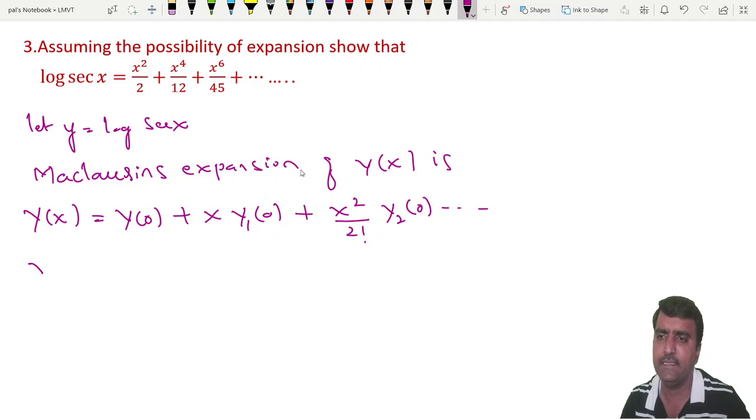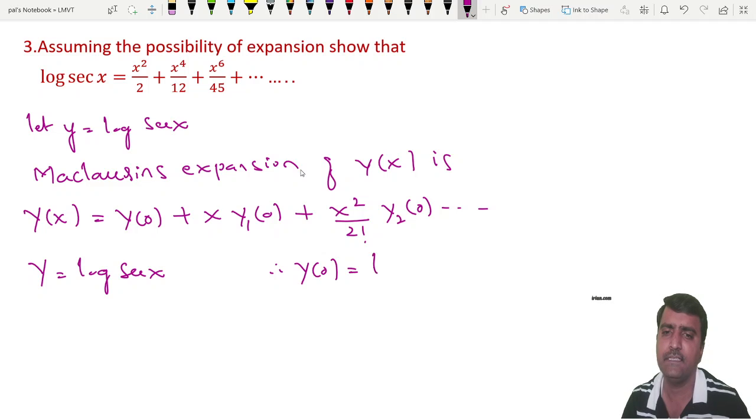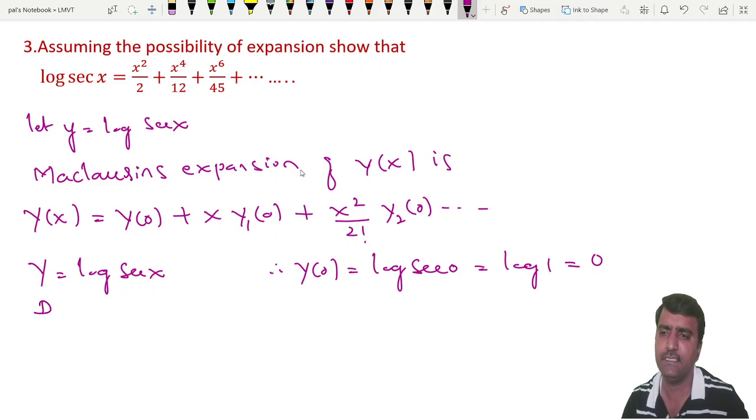So take y is equal to log of secant x. Therefore y of 0 is equal to log of secant 0, that is log of secant 0 is 1. So log 1 is 0. Again you differentiate this with respect to x. Differentiation of y is y1.